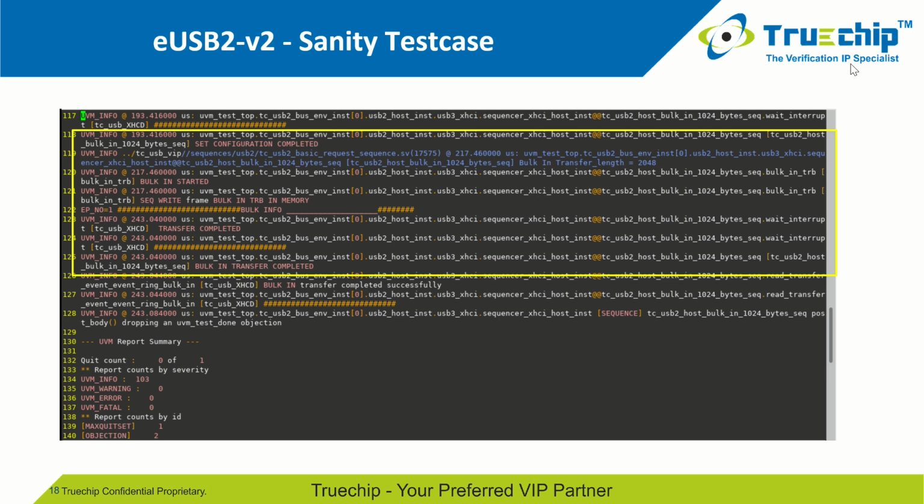If the host detects an error, it may send a NAK, which is negative acknowledgement, or stall, indicating that the data needs to be retransmitted or that the endpoint is halted. By following this detailed flow, we ensure that the eUSB2 v2 implementation is robust, compliant, and performs as expected.